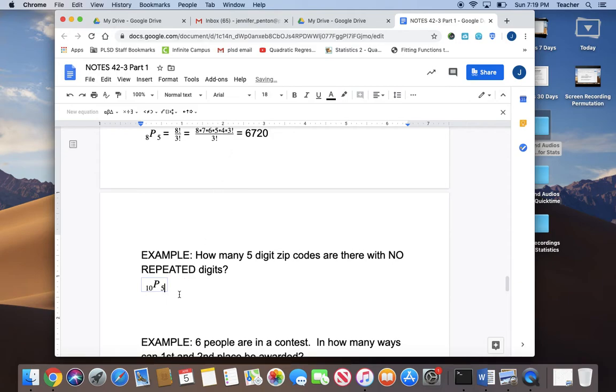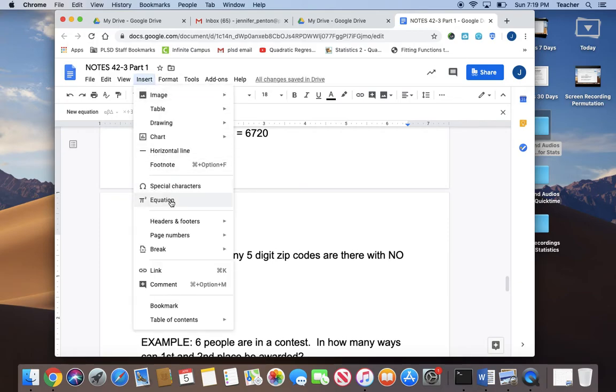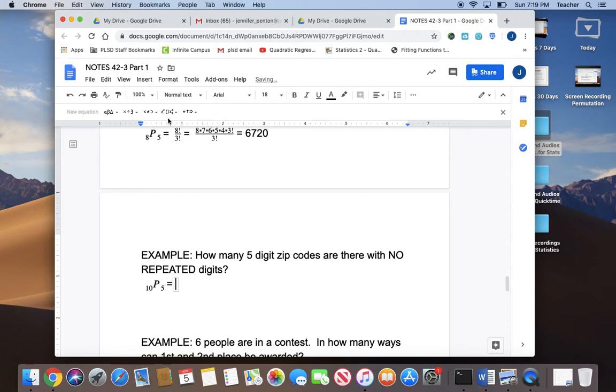So 10 distinct objects. I'm arranging 5 at a time. So the equation tells me that will be n factorial. So in this case, I will have 10 factorial over n minus r factorial. So 10 minus 5 is 5 factorial.